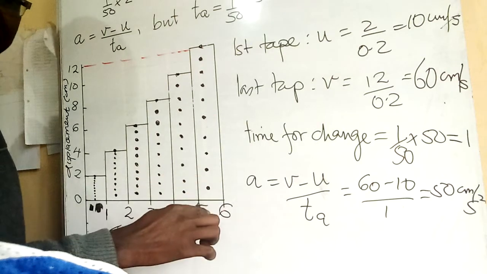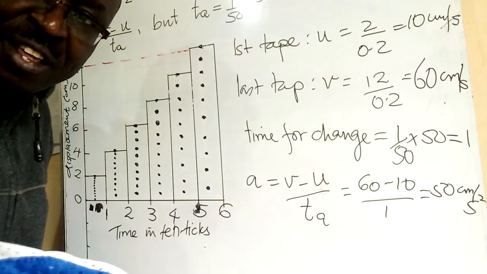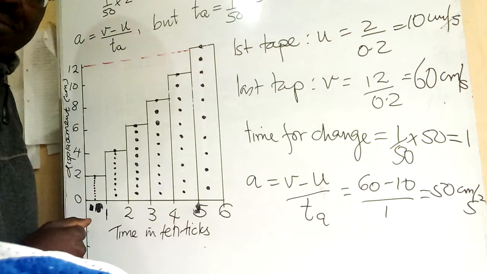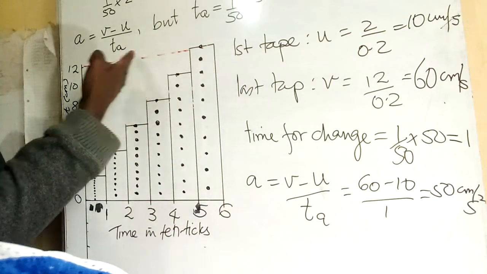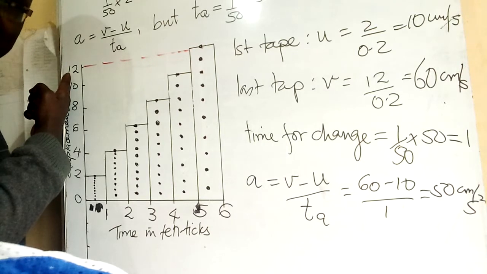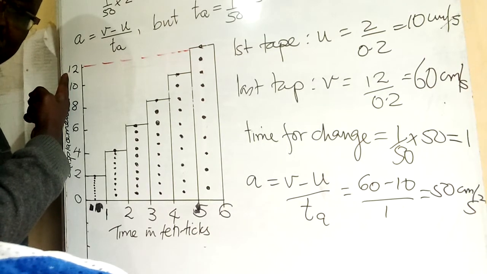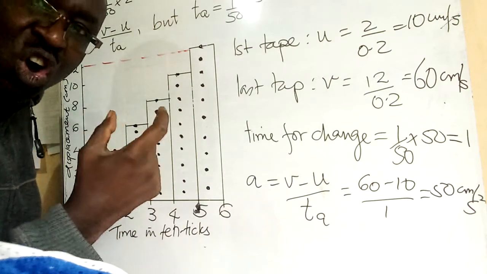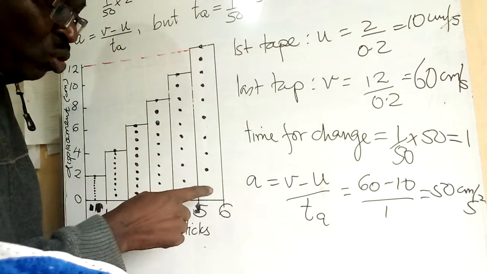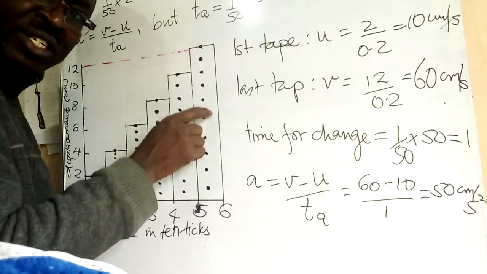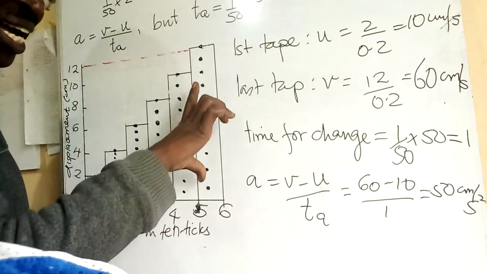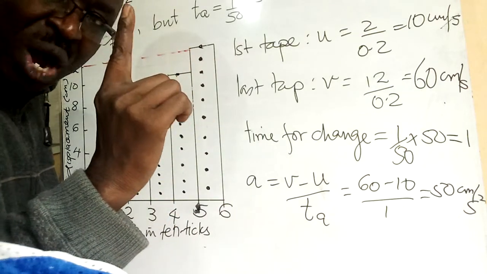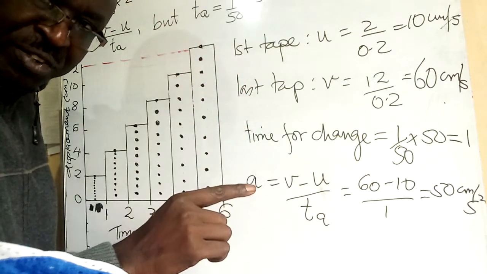The last step will give us the final speed or final velocity. The distance can be read from the displacement axis. I come and find out how long it took to cover the 10 spaces of the last piece. Again, time for one space is 1 over 50.